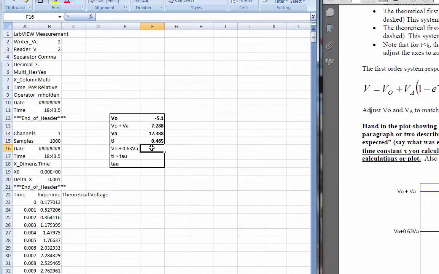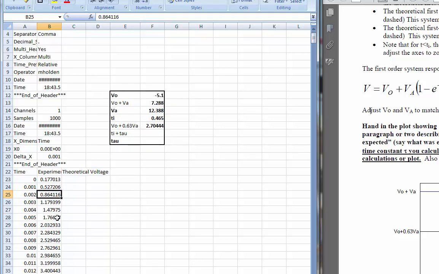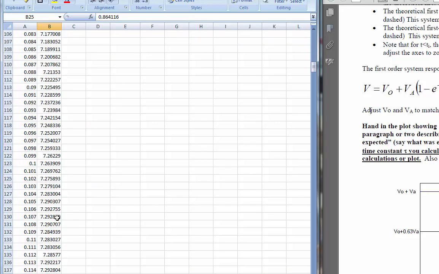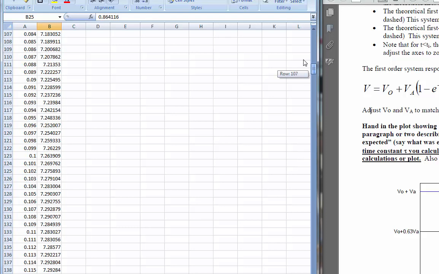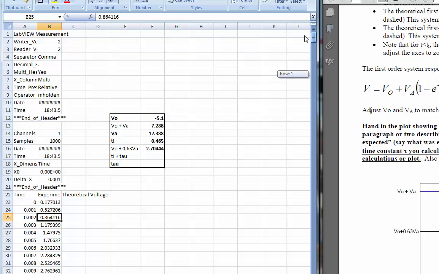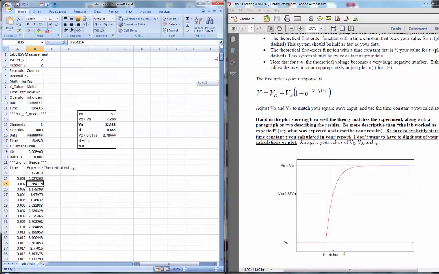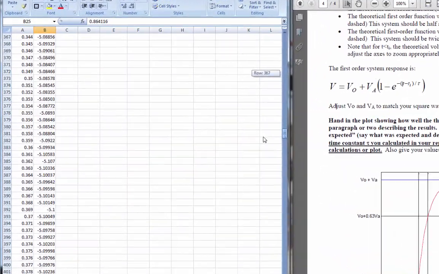So I'm going to calculate this first. VO plus 0.63 times VA is 2.7 volts. Then again, I'm going to scroll down through here somewhere after ti. 2.7044.